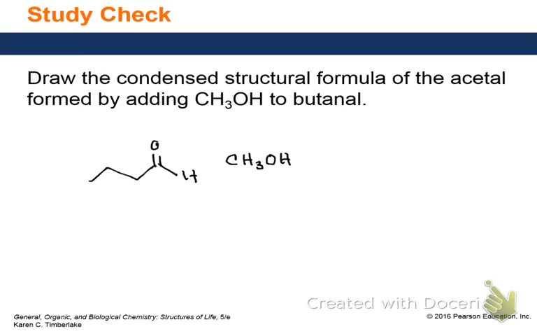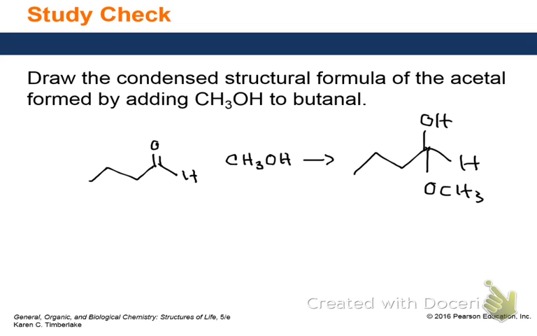Okay. Oh, it's for the acetal. So we're going to do this step by step, okay? And then we'll do the shortcut. So if I do the first step, I end up doing this. I get OH, H, and then CH3. I drew it backwards because I don't like drawing it the other way.